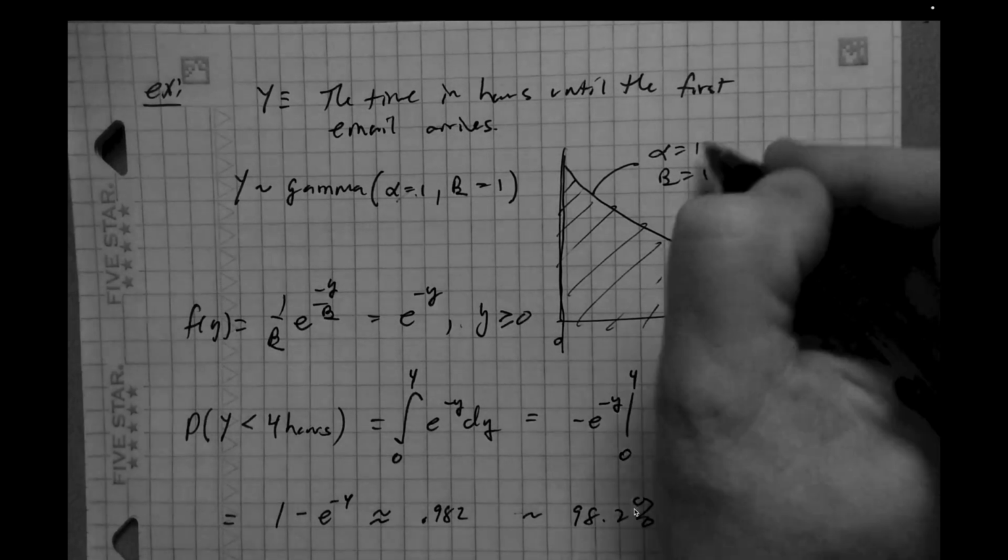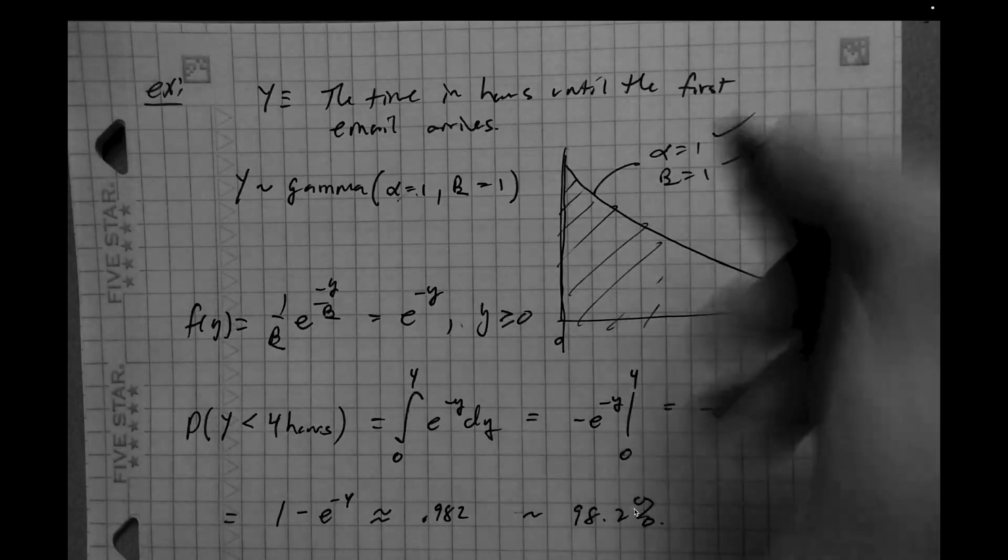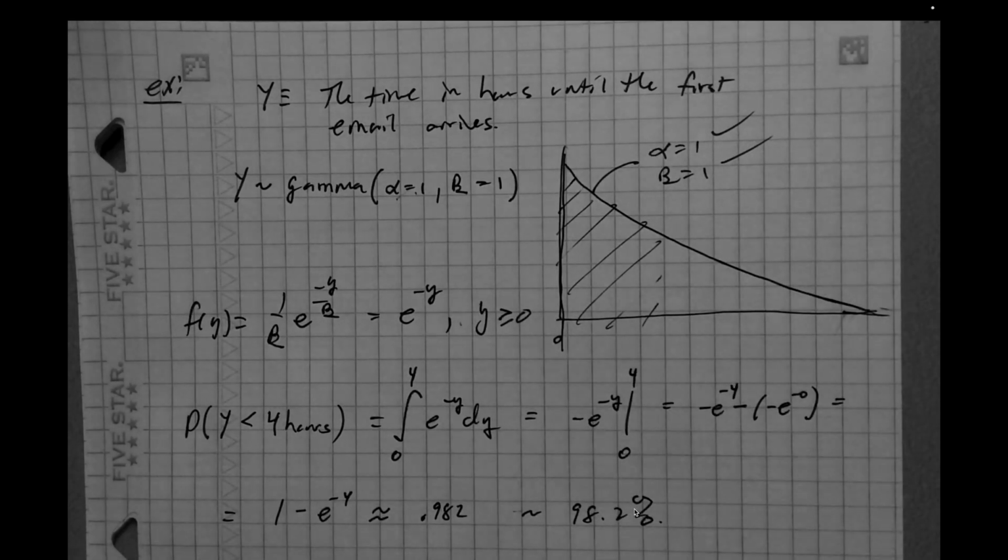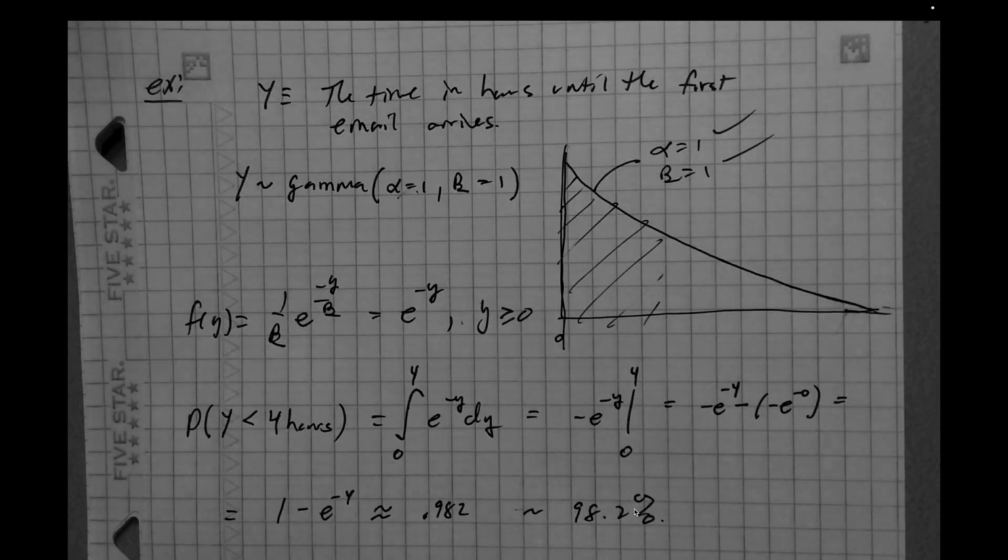They're going to have 2 parameters, alpha and beta, not necessarily equal to 1. 2 special cases that are highly useful are the exponential distribution, here's an example of that, and the chi-squared distribution, which we didn't see an example of, but it is highly useful in mathematical statistics and just statistics in general. So we'll get into that later. We'll see lots of examples of that.